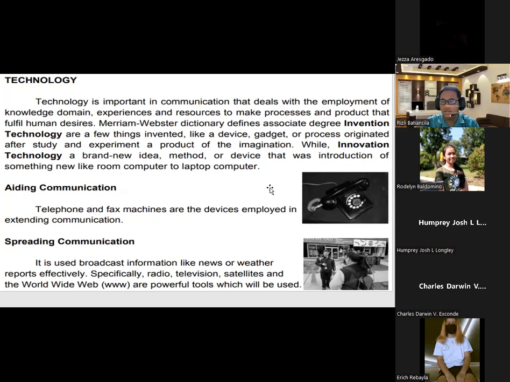Kaya kailangan natin ng mga technology, specifically the radio, the television, the satellites, para mas mabilis ang pagbato ng information and makapag-communicate tayo to other people, not just other people, but also to people in other countries or other regions. So that is spreading communication. Okay, so that's the two types of communication.